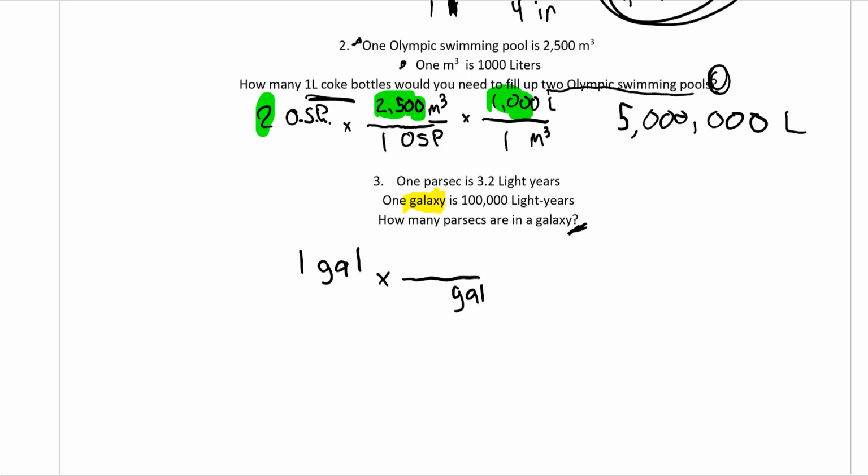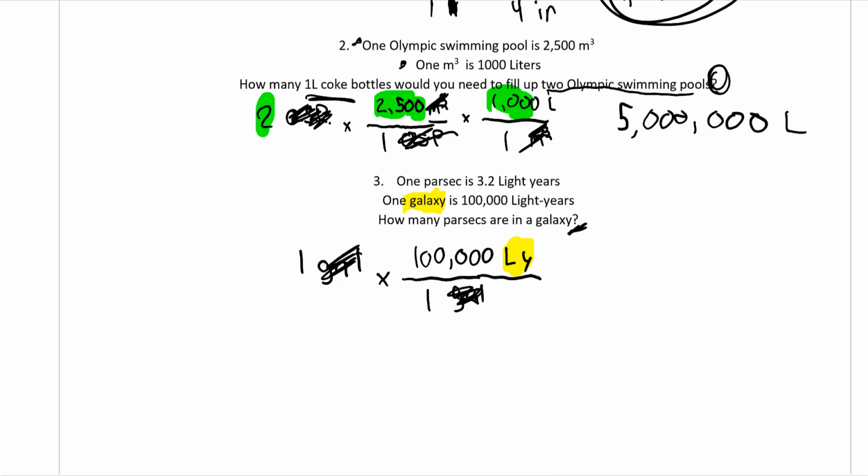I found it. So 1 galaxy, 100,000 light years. Now I have the same thing on the top and the bottom. They cancel out. There you go. I actually forgot to do that up here, so I might as well scribble it. Meters cubed. Meters cubed. Anyway, they're on the top and the bottom. They cancel out. So now I have light years.